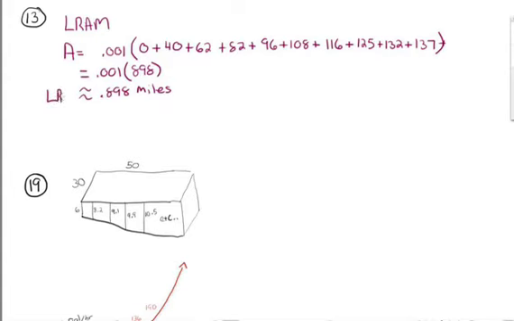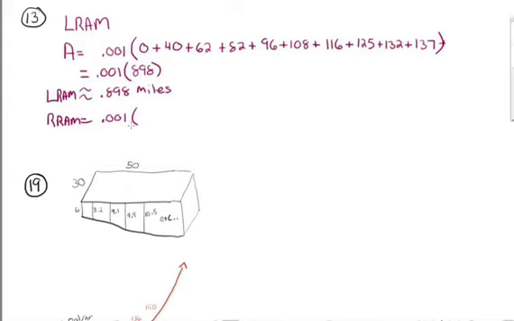So here's LRAM's answer. RRAM's answer, simply take the value that we got here, 898, take away the first one, which is 0, and add in the last one. So I should get, for RRAM, 0.001 times 898 plus that last value.